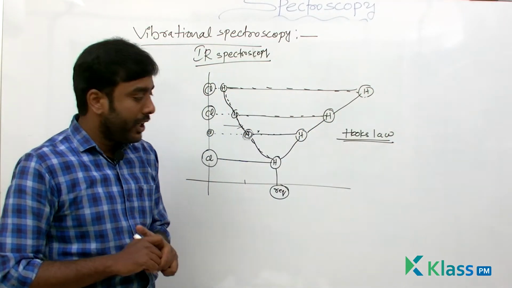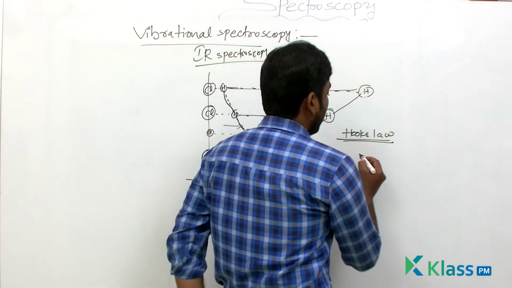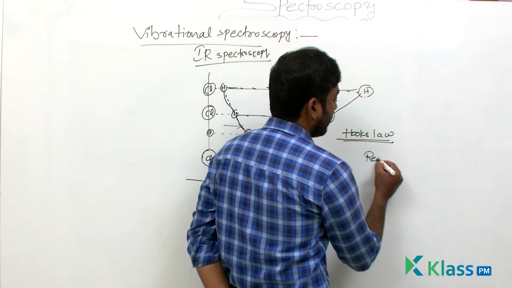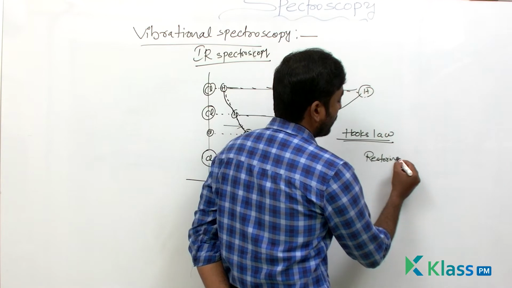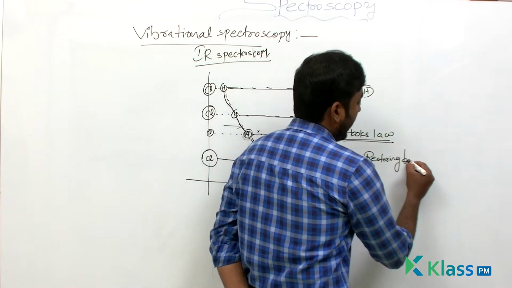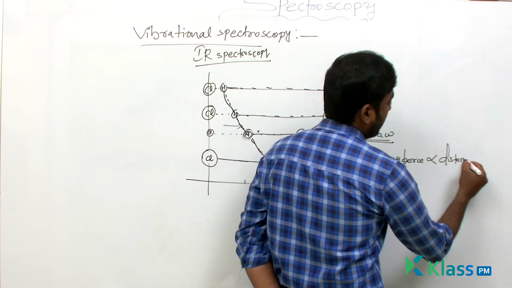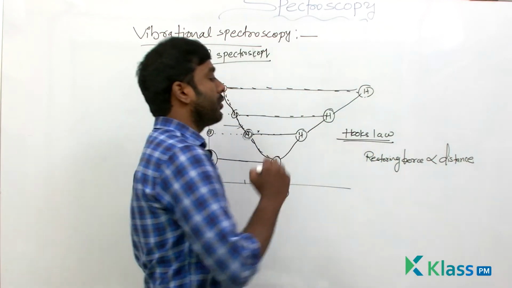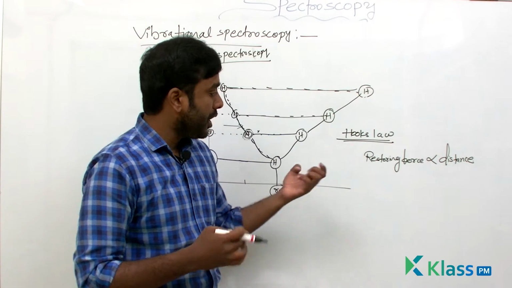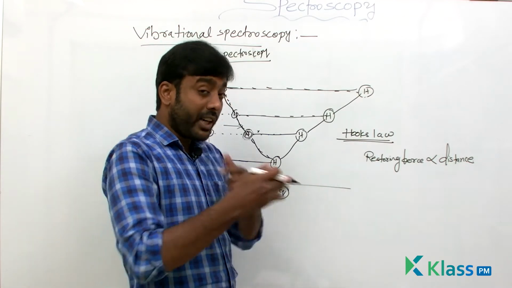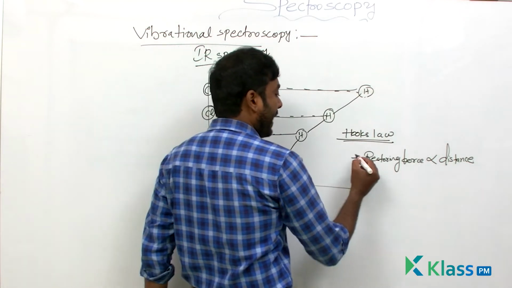So what we have to understand is that the restoring force which is produced in the opposite direction is directly proportional to the distance. Since this restoring force is produced in the opposite direction, we can keep it minus.